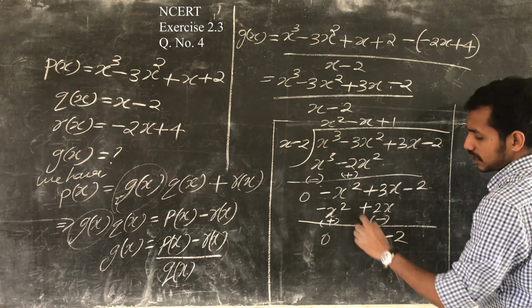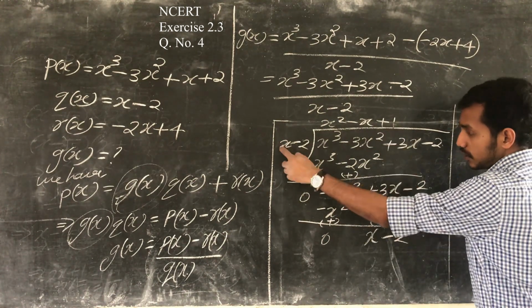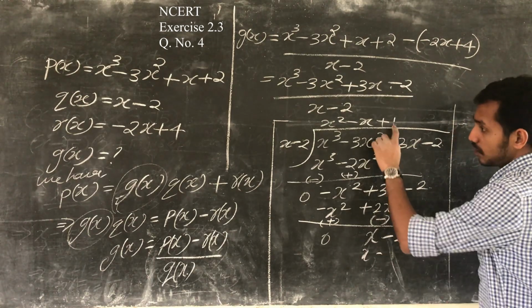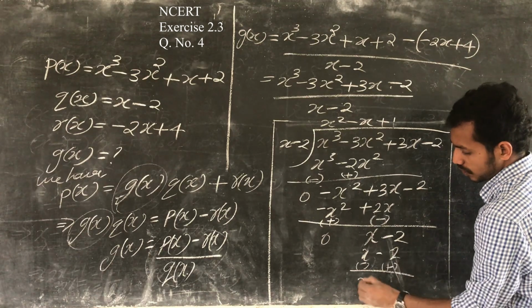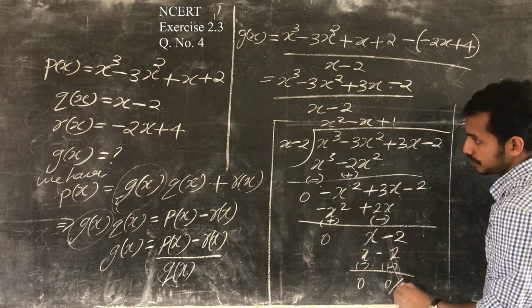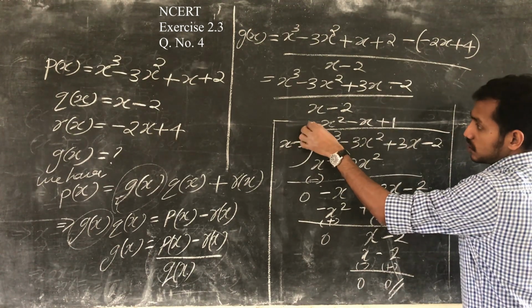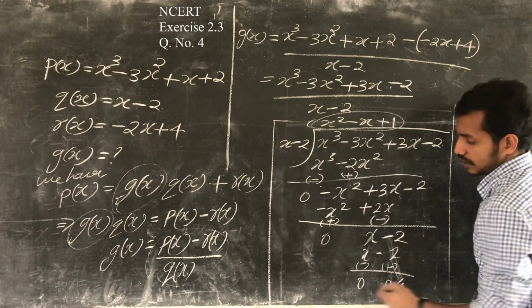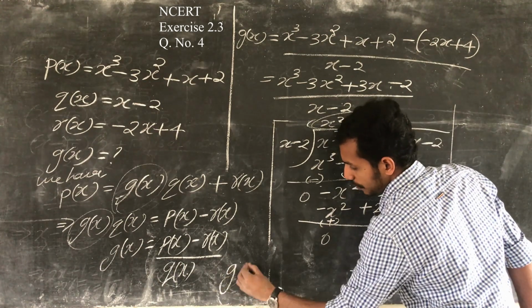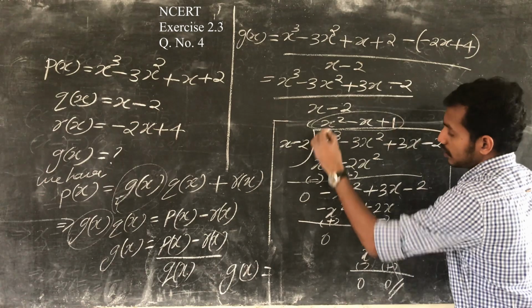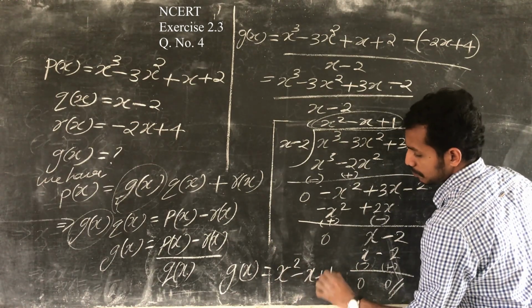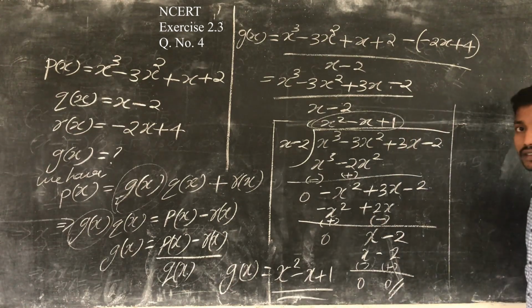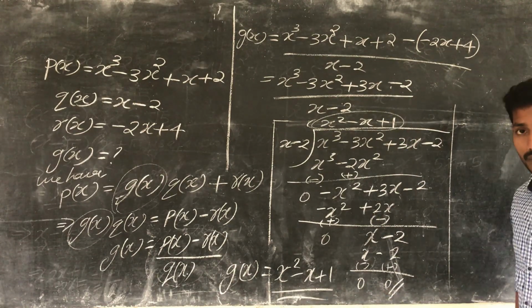Or you can directly say x by x is 1. 1 into x is x. 1 into minus 2 is minus 2. Change the sign. 0, minus 2 plus 2 also 0. So this will be the g of x. So finally we can write g of x is equal to x square minus x plus 1. This is the required polynomial.